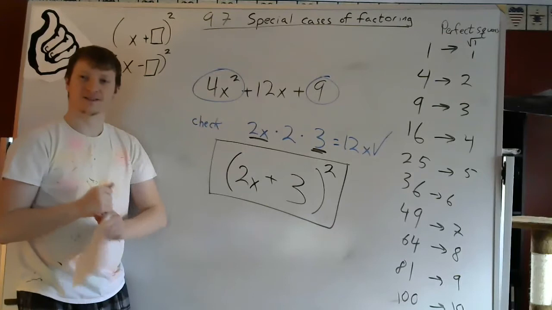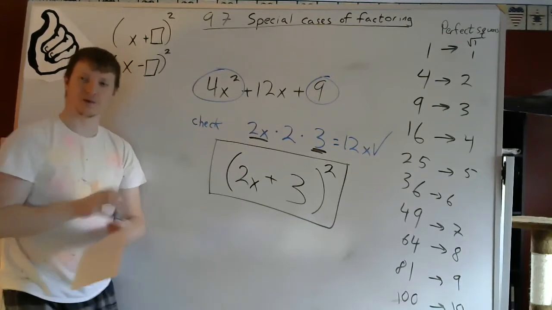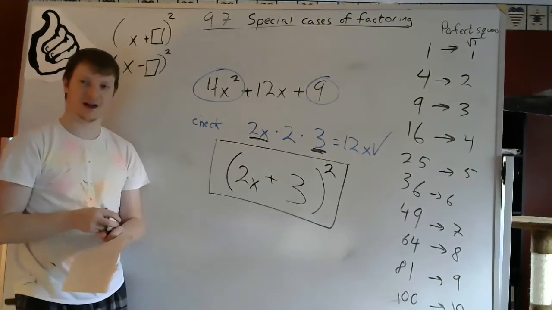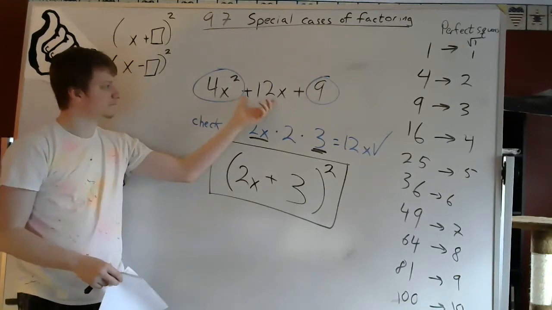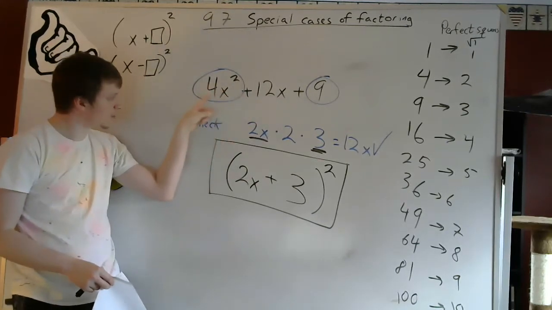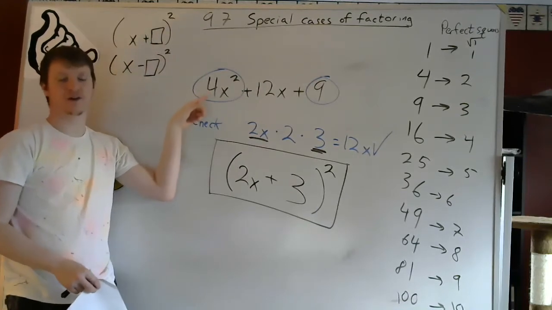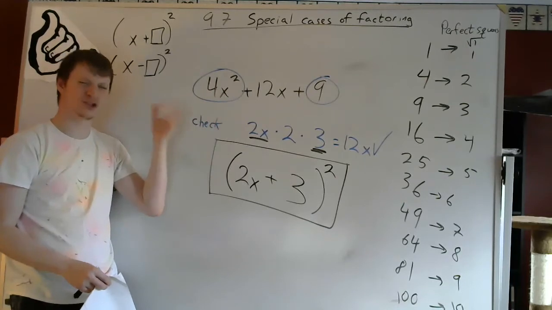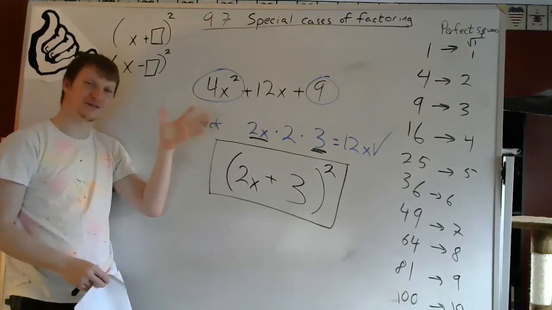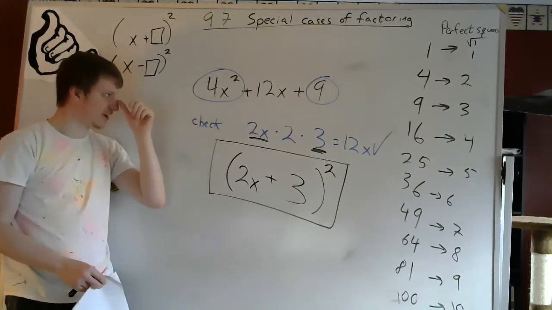Isn't that nice? We didn't have to go through some crazy steps to get this done. And believe me, the steps for you to factor something when this term is not 1, they do get a little bit crazy. And we'll be going over that probably in a week or 2, somewhere around there. Probably in about a week, I would say.